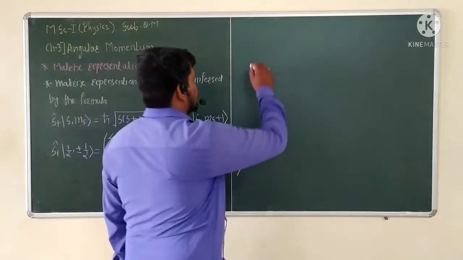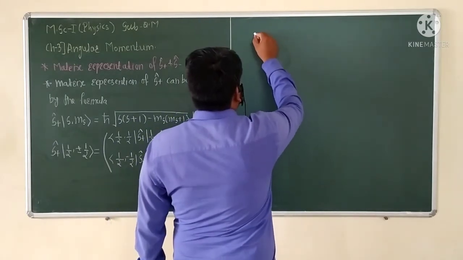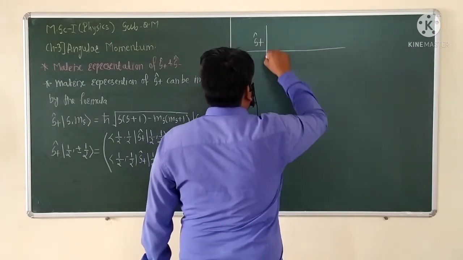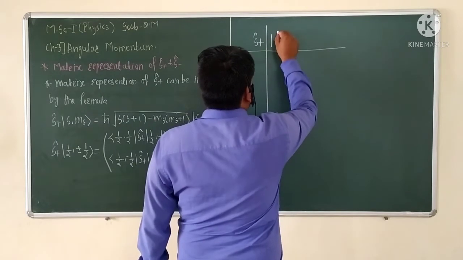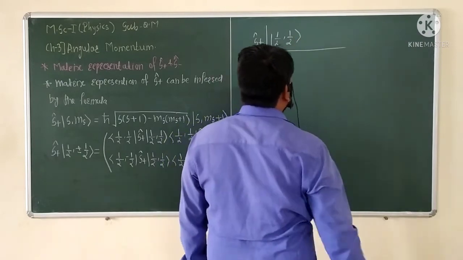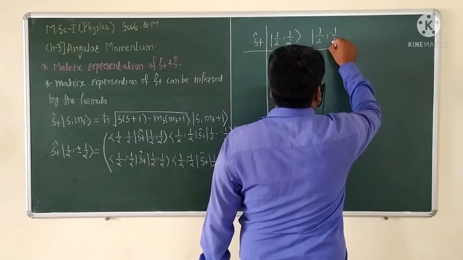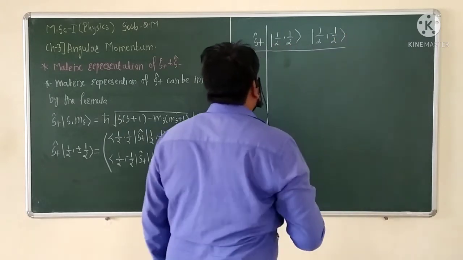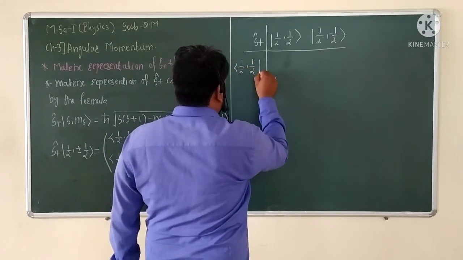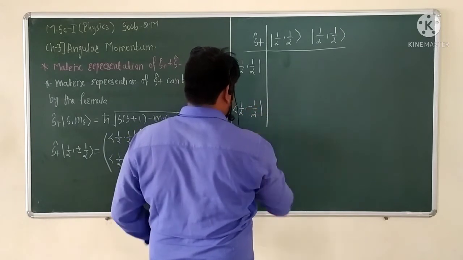So solving these matrices is nothing but finding the S plus operator. How to solve this matrix? See here, the kets of half, half and half, minus half, and the bras of half, half and half, minus half.